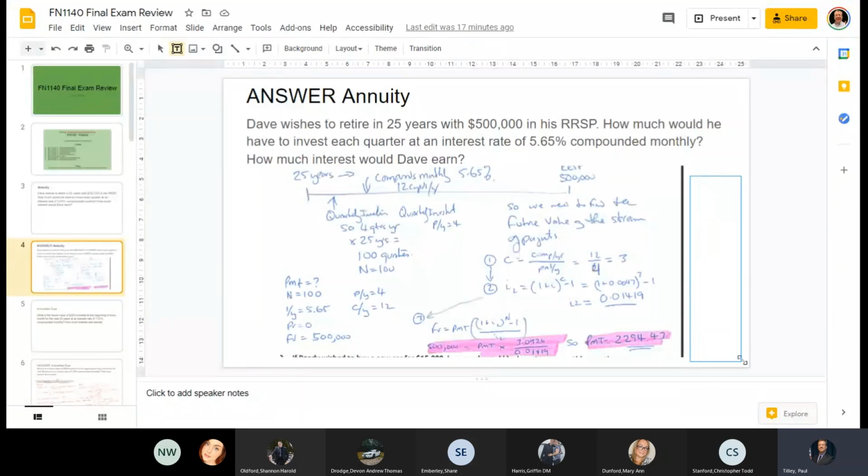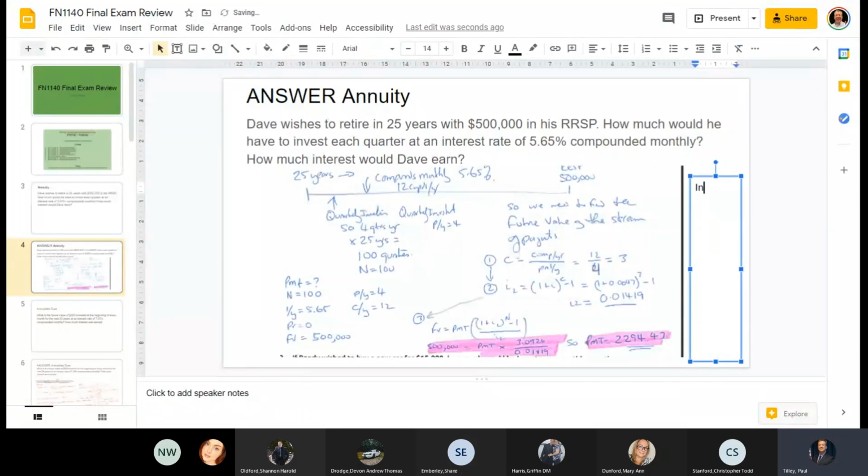I'm going to put it over here. So the payments are $2,294.47 times he made payments quarterly, so he made 100 payments.